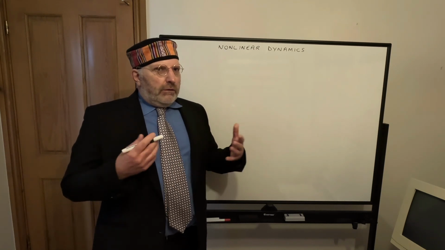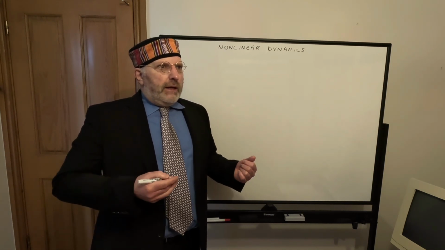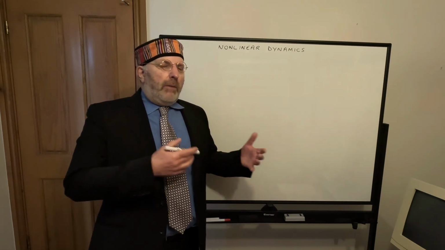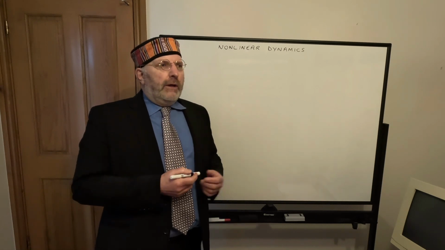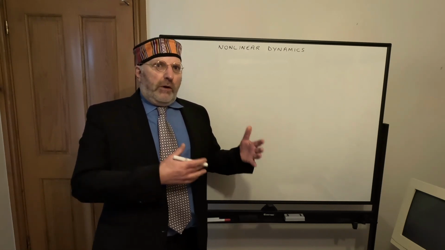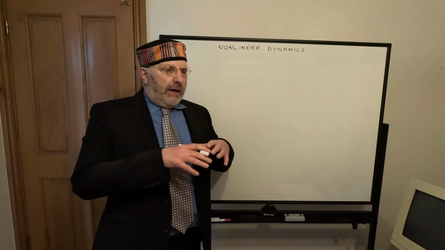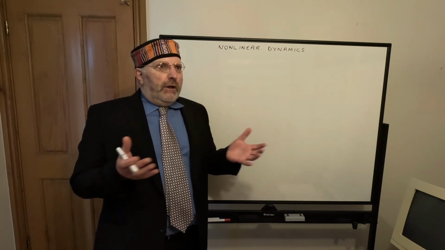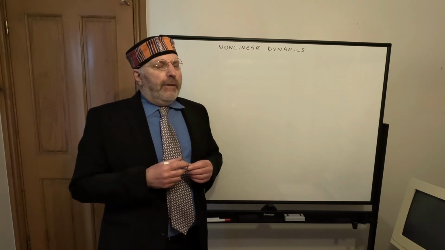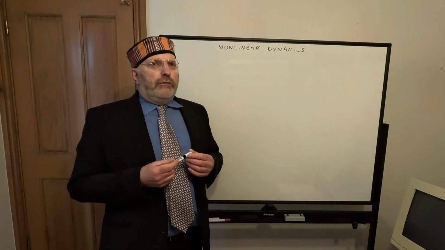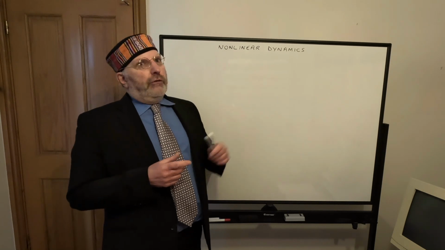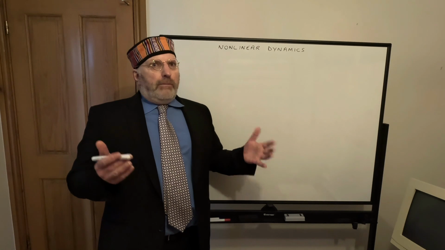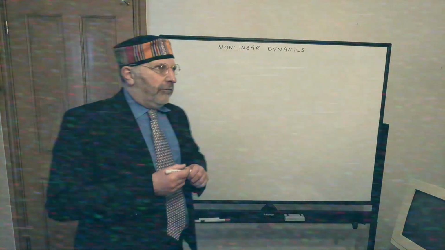Now, with nonlinear systems, though, the problem is that the equations can be too complicated to be solved. Or if it is possible to solve them, the solutions can look so complicated that it's difficult to get a feel for what they're telling you, for what's going on. So for that reason, people tend to study nonlinear systems through their phase portraits or their phase space.